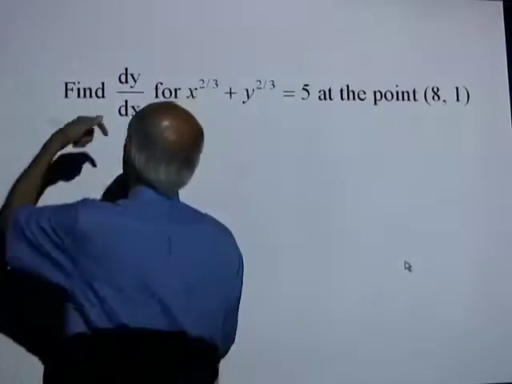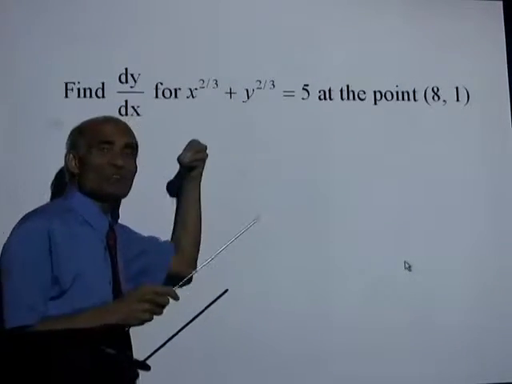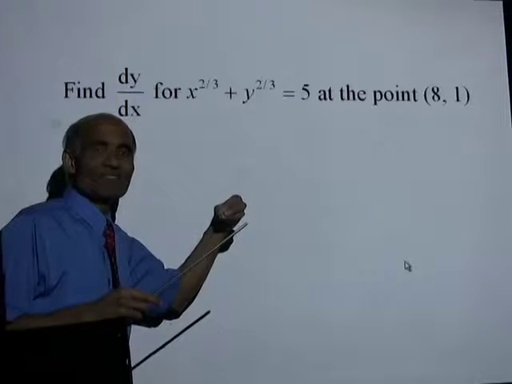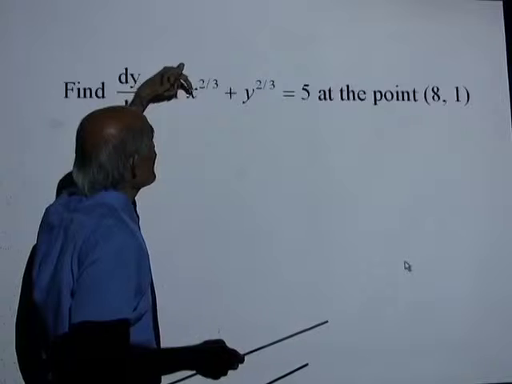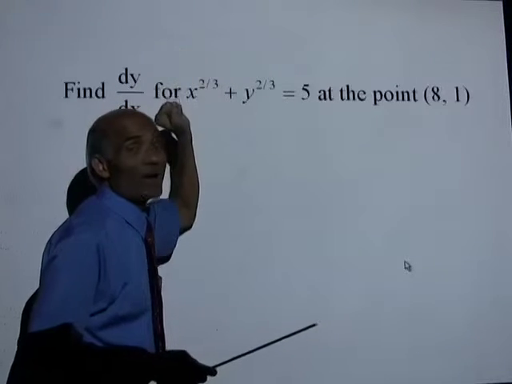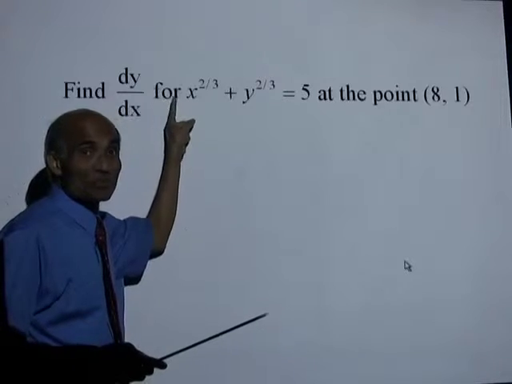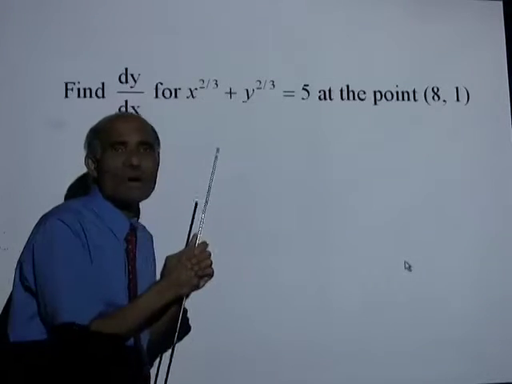Alright, tell me, what is the derivative of x to the power of 2/3 with respect to x? Use the power rule. It will be 2/3 x to the power of 2/3 minus 1. Is that right? 2/3 times x to the power of 2/3 minus 1.